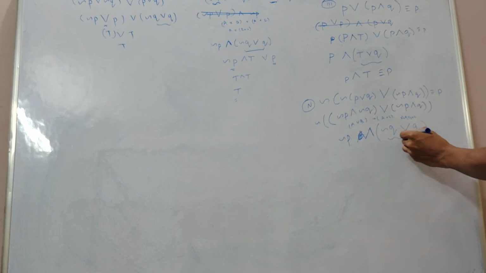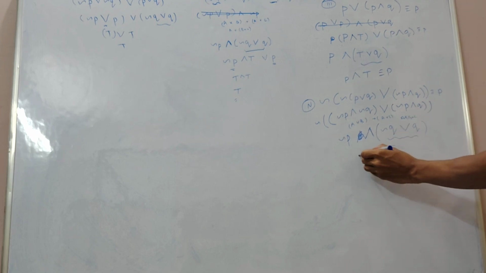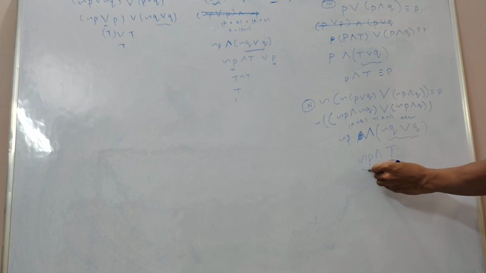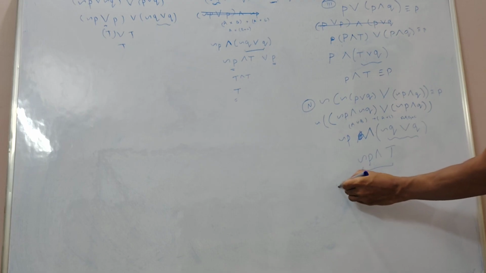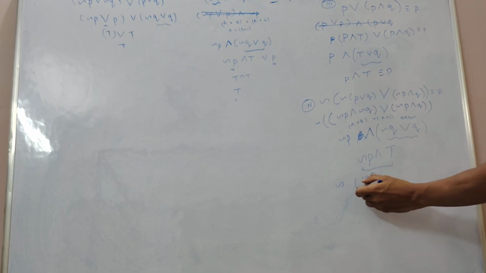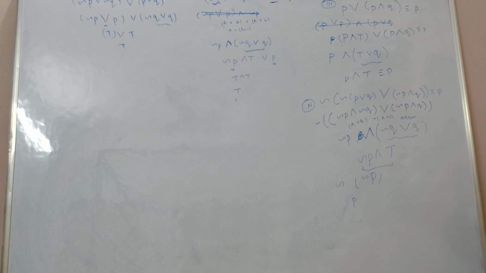Now, this will give me true, negation of P and true will always give me negation of P, and outside there is negation, so this will give me P simply, right?